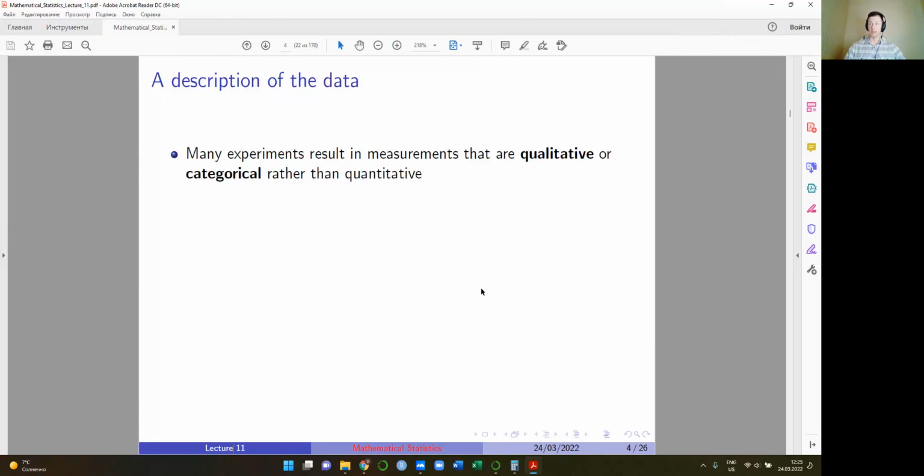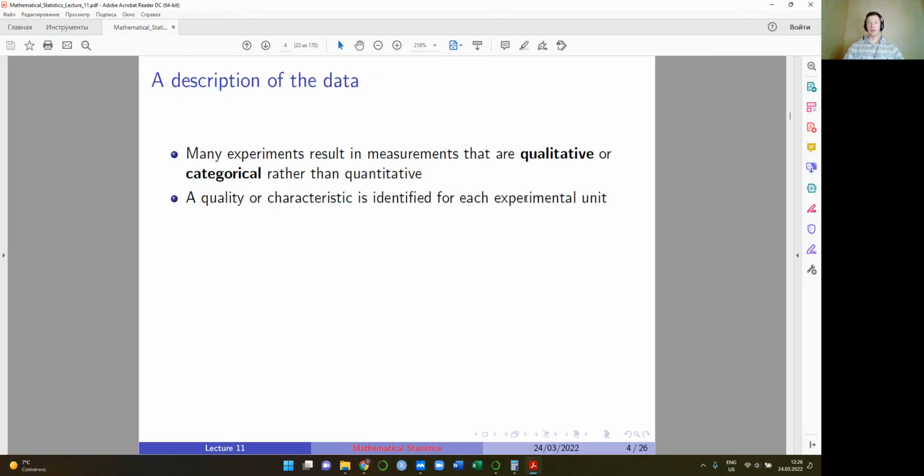The topic is called the analysis of categorical data. So let's try to understand what categorical data is. What are we talking about? Well, many experiments can result in measurements that are qualitative or categorical rather than quantitative. So we are not able to measure something; we are not able to get a number.